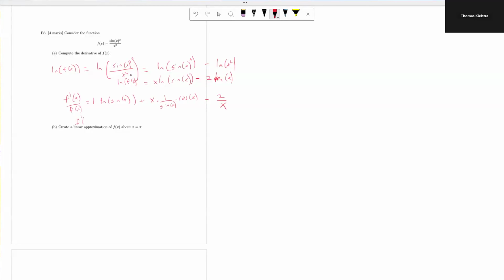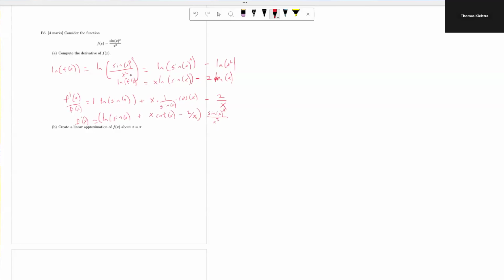So f prime of x equals ln sine of x plus x cotan of x minus 2 over x, all times sine of x to the power x over x squared.